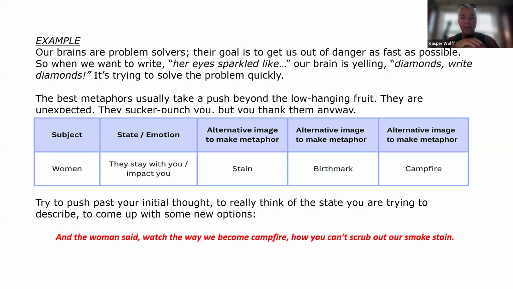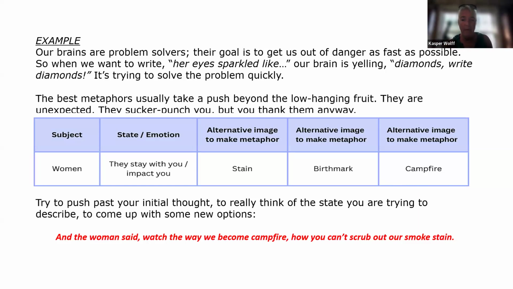But the best metaphors usually take a push beyond the low-hanging fruit. And they are unexpected. They sucker punch you, but you thank them anyway. So try to push past your initial thought, past those sparkling diamond eyes, and think of the state you're trying to describe to come up with some new, fresh options.